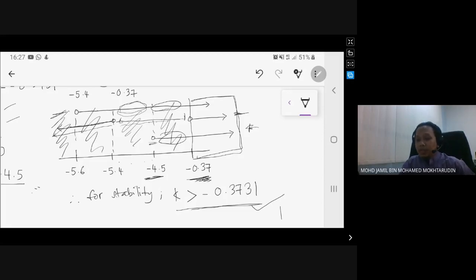So what I want you to do is to understand block diagram reduction and also understand Routh-Hurwitz criteria. Because next week we will move into the next chapter, chapter 4. In chapter 4, you will use block diagram reduction. You will use Routh-Hurwitz criteria. So if you are still confused about these two methods, it will be hard for you to catch up, okay?